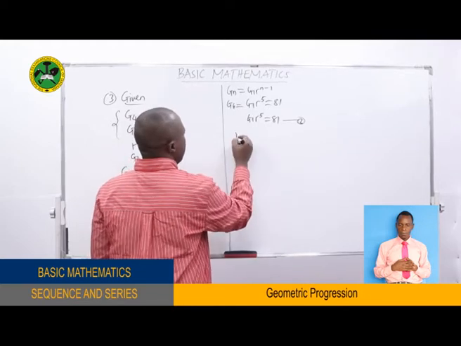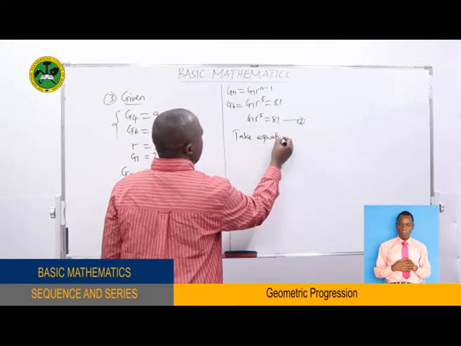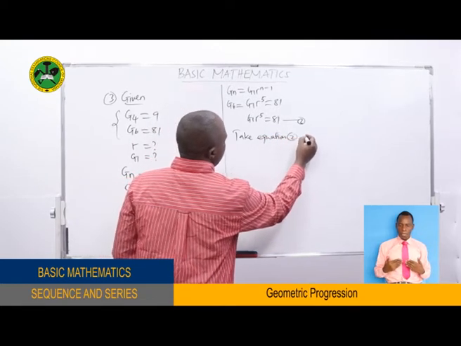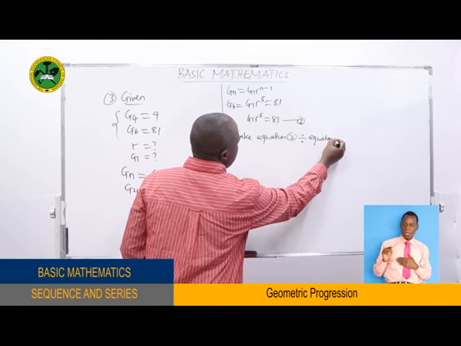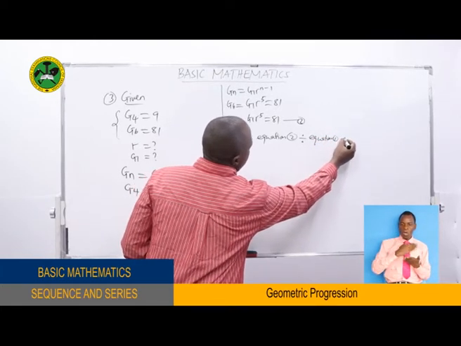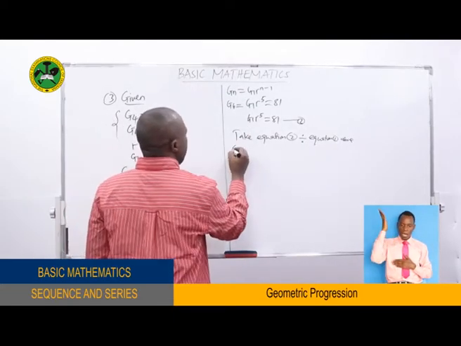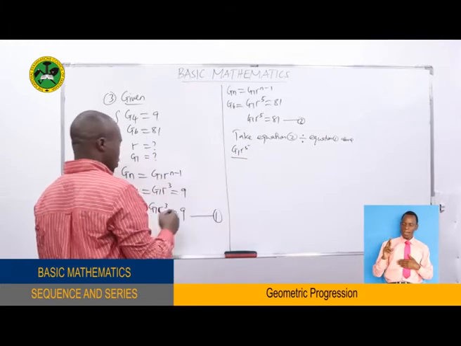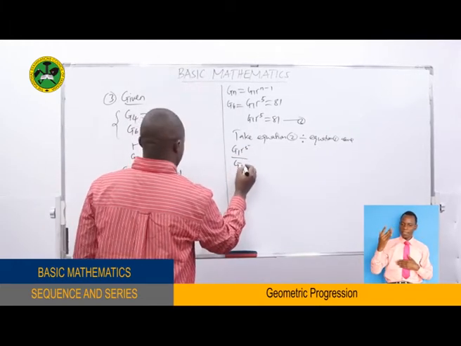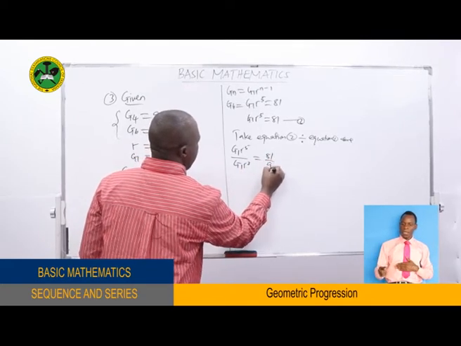In this case, we take equation 2 divided by equation 1 above. So we take G1 R power 5 divided by equation 1, G1 R power 3, which is equal to 81 over 9.